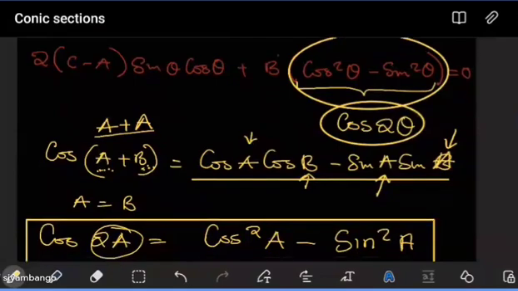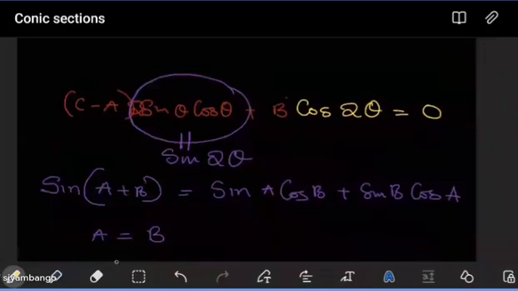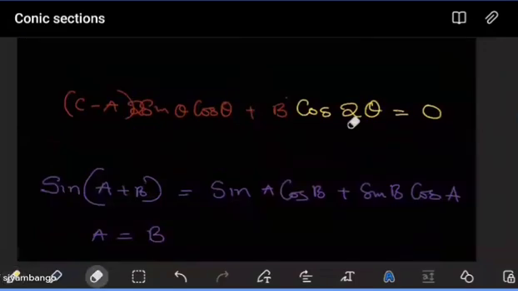Okay, I will stay there. So what I did then was I came to this part, where we had cos squared theta minus sine squared theta, and I replaced it with just cos 2 theta using that identity.